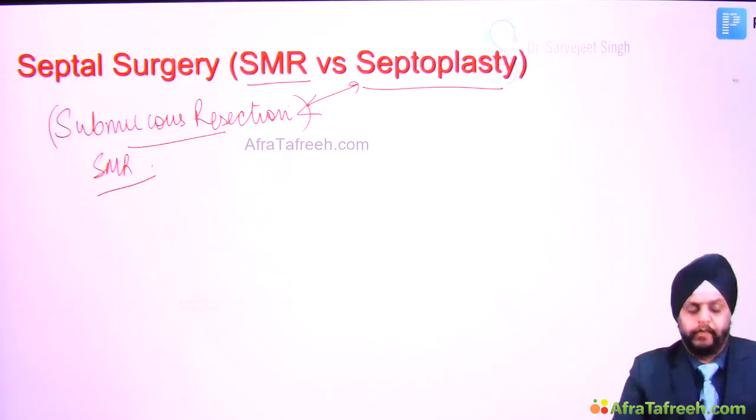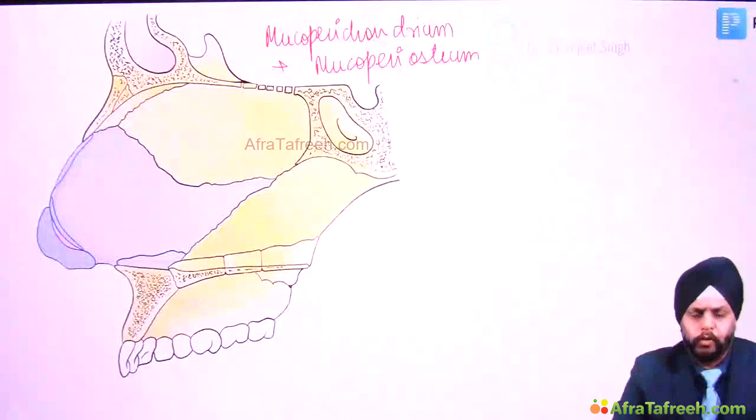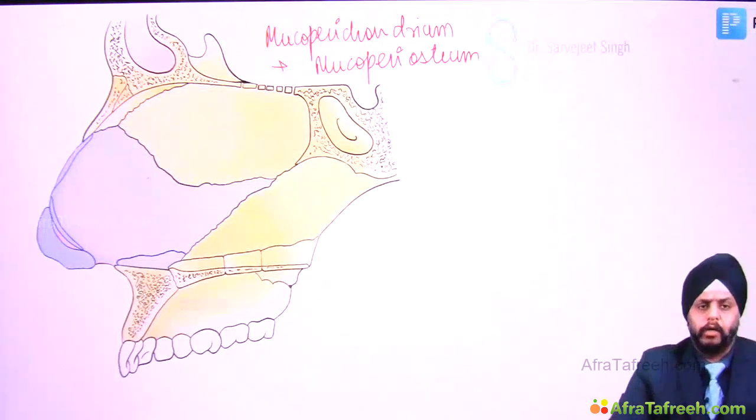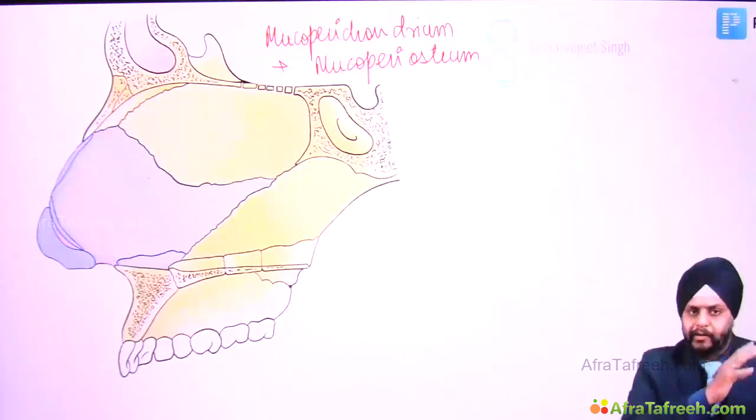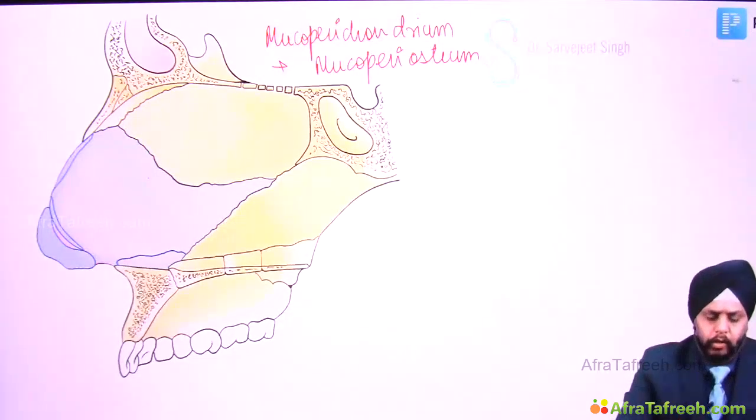Okay. Now, next what you do? In SMR, you remove almost the whole bone as well as the cartilage. So you remove almost all the bone and cartilage, you leave only an L-shaped cartilage.